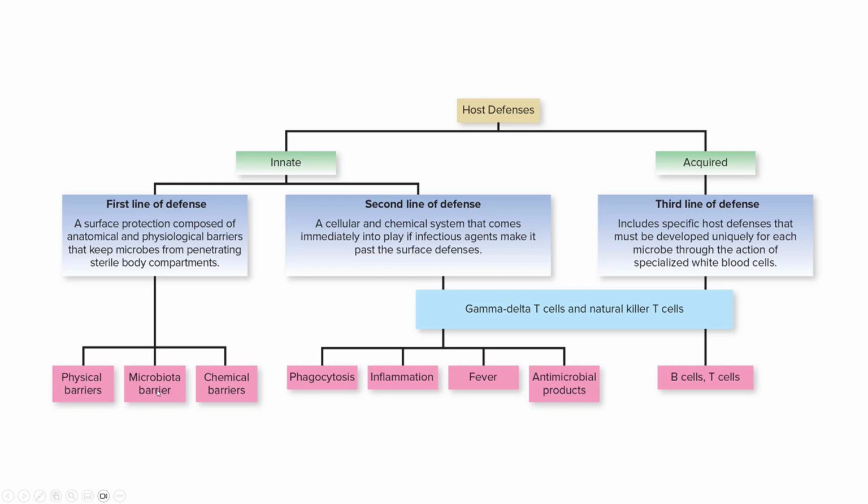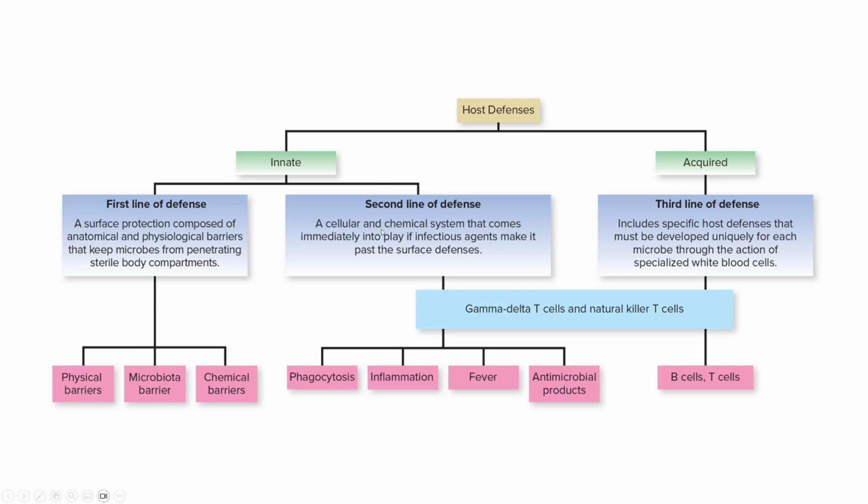If you remember, I talked about the concept of microbial antagonism in one of the lectures last week. That acts in a certain way as a line of defense. And then chemical barriers like saliva, stomach acid. These are technically part of the first line as well. And almost all these do other things besides just defense. Your stomach acid helps you digest, for example. But in this context, they can also be thought of as a defense.